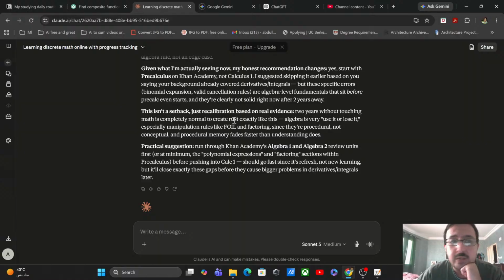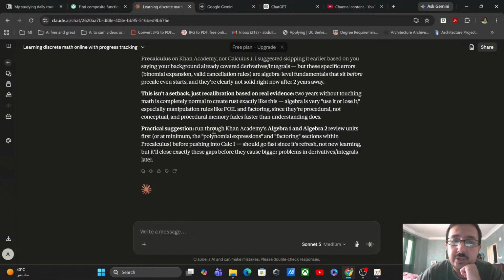2 years without touching math is completely normal. Algebra is very use it or lose it, especially manipulation rules like factoring, since they are procedural, not conceptual. Procedural memory fades faster than understanding.